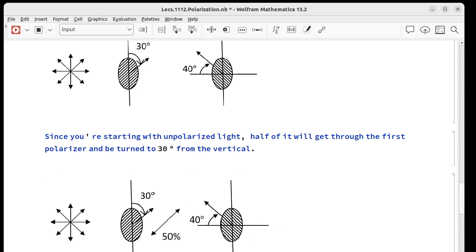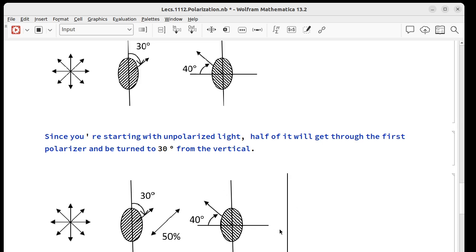What's the angle between the two polarizers, essentially? So if the final one is 40 degrees above the horizontal, I could also say it's 50 degrees from the vertical. That's the same thing. So if it's 50 degrees this way from the vertical, and this one is 30 degrees the other way from the vertical, that means the net angle between them is 80 degrees.